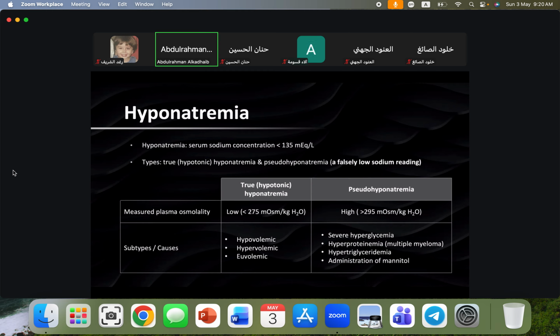The causes of pseudo-hyponatremia may include severe hyperglycemia, high protein levels such as in multiple myeloma, and high triglyceride levels such as in pancreatitis. Usually there are some equations that we can use to calculate the adjusted sodium level in those kinds of cases. You don't need to know them. Just keep in mind that we have some equations that we may use to correct the sodium level.